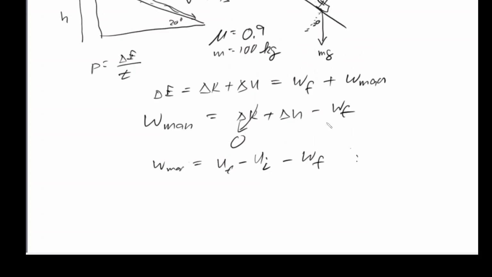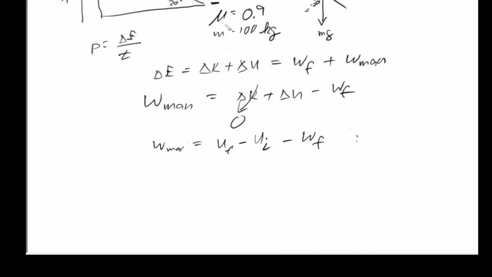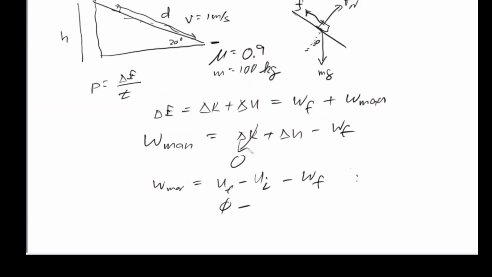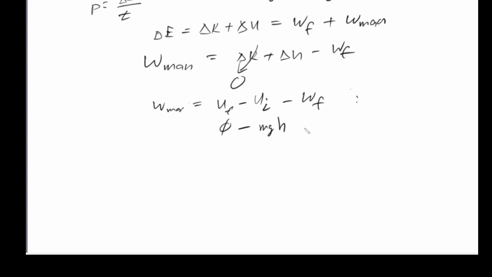Well, the final potential energy is zero because it's at the bottom of the hill. So it's zero minus the initial potential energy, mg times h, this height, and minus the work done by friction. Well, the work done by friction is minus umg times d cosine 20 degrees.